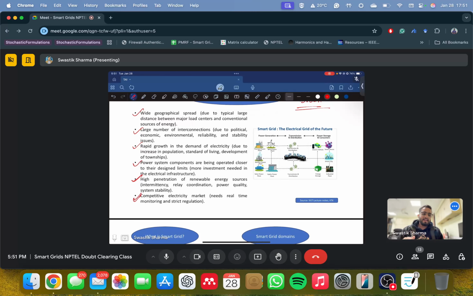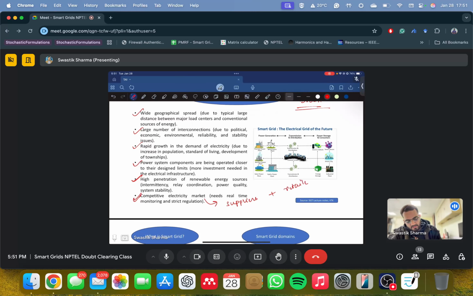Also, our electricity market. So we as consumers of electricity have now started to think of a good way of price discovery, and that is a competitive market. So what happens in a market? Your suppliers plus your distribution providers, or I should say retailers, it's a much better term.